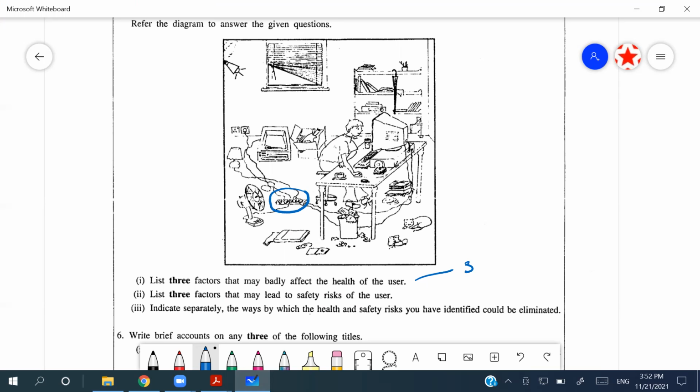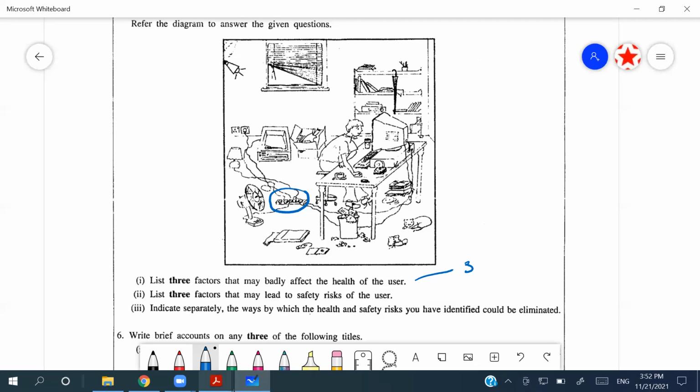And we can't see that he is using a UPS. Because it does not have a UPS, for a particular breakdown the data will be lost.